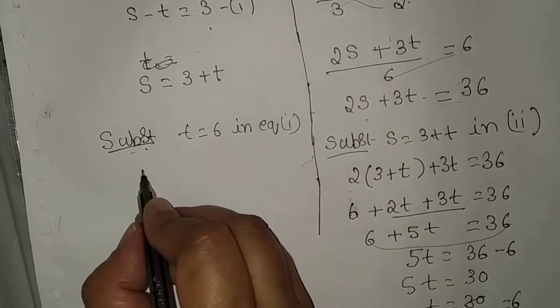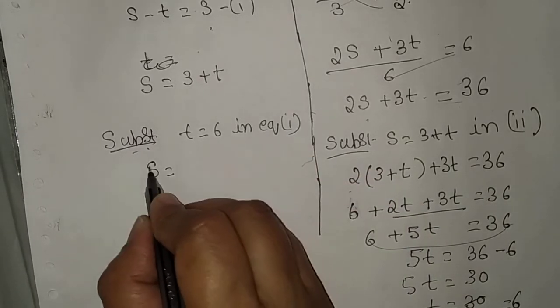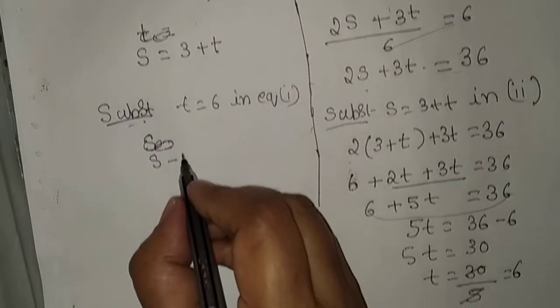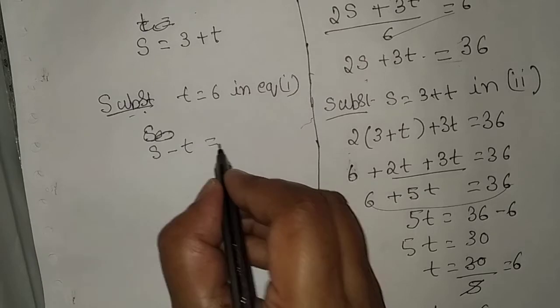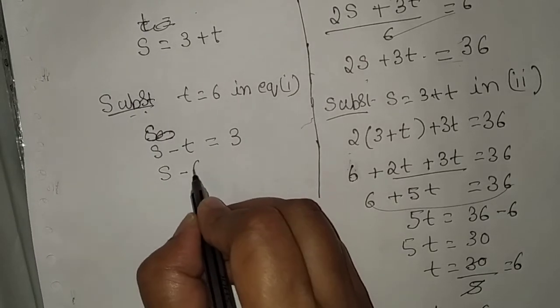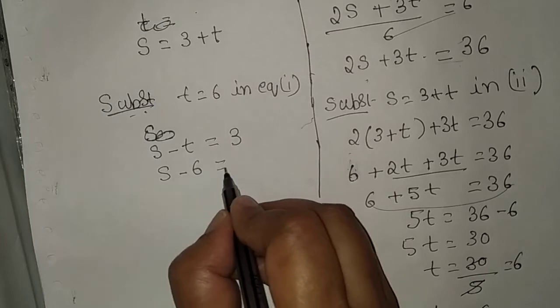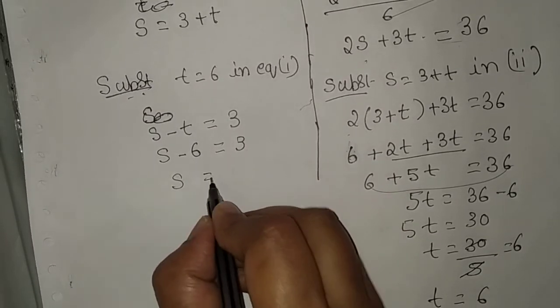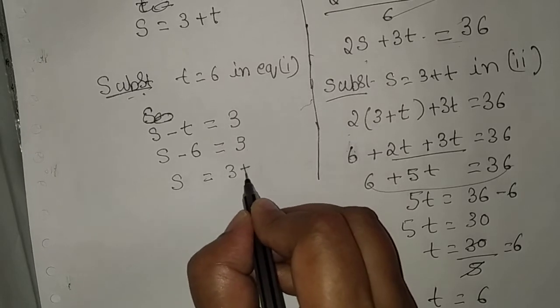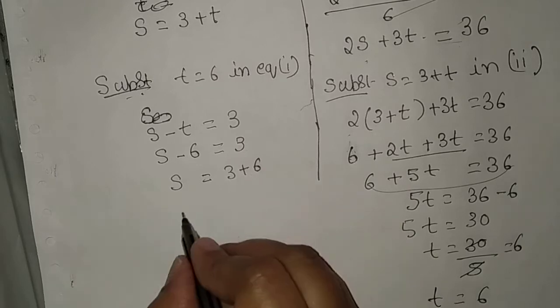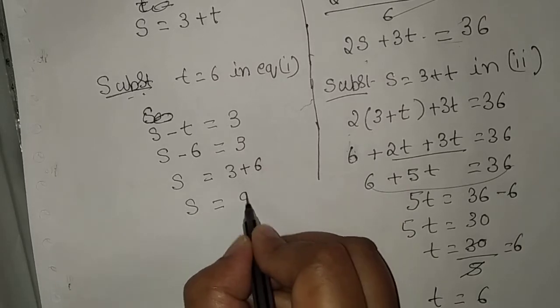Taking the original equation, s minus t is equal to 3. Substituting t equals 6, s minus 6 is equal to 3. Therefore s is equal to 3 plus 6, so s will be equal to 9.